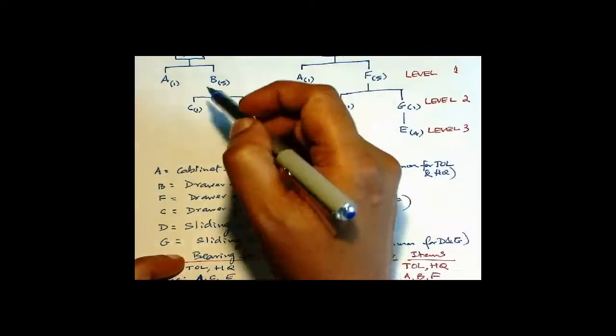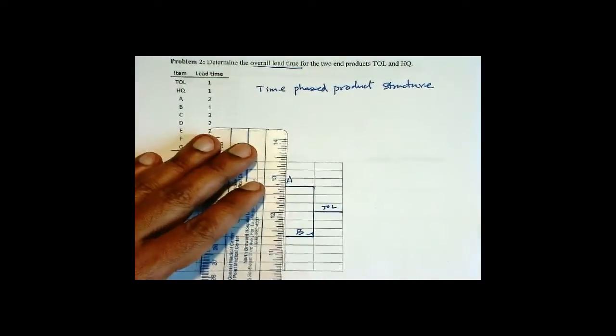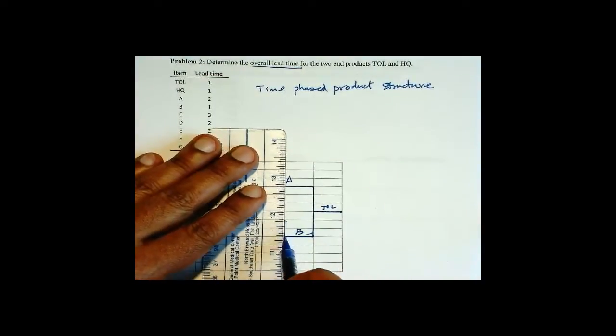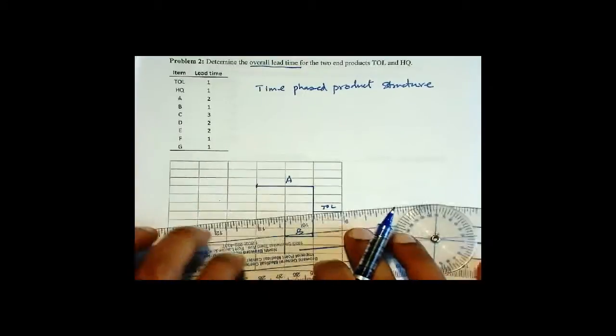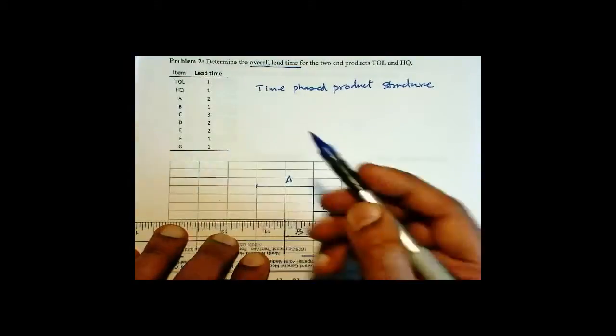Now underneath B we have C and D. So we go like that. C lead time is 3 weeks.